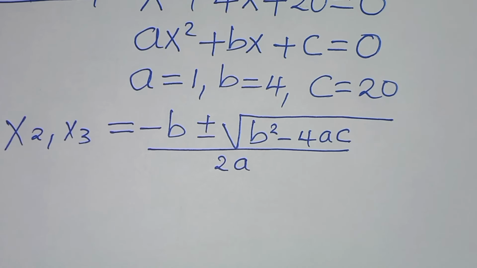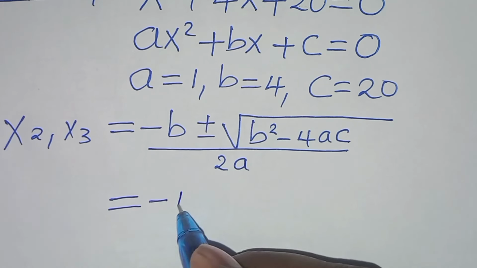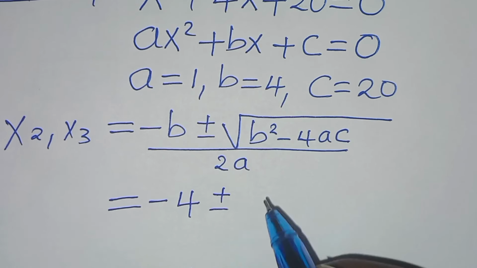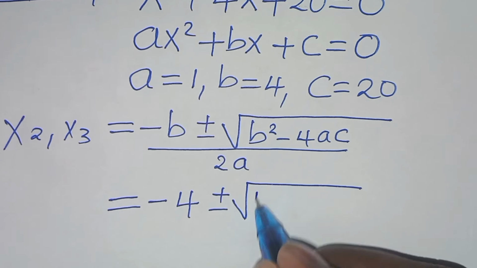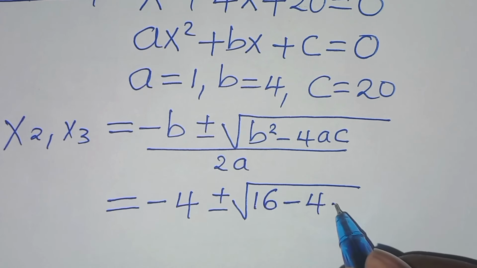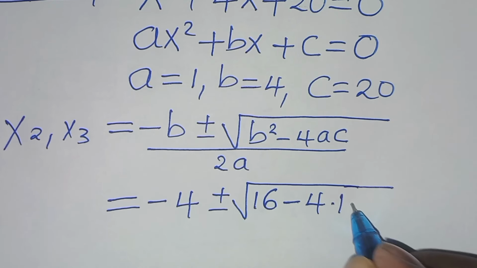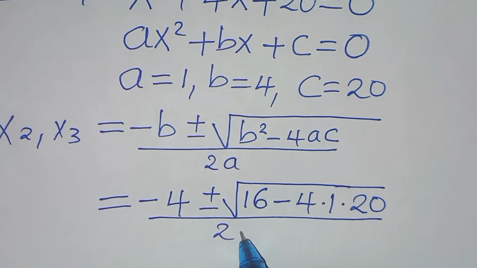Substituting the values of a, b, and c, this is minus 4 plus or minus the square root of b squared, which is 4 squared, which is 16, minus 4 times a, which is 1, times c, which is 20, divided by 2 times 1.